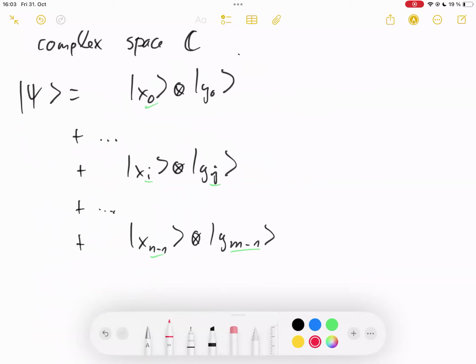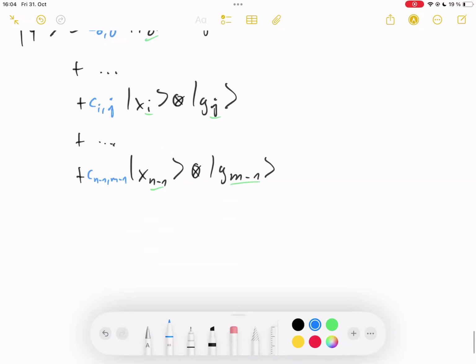So I need amplitudes, but this time I should not just call them C0, but rather C0,0 for both indexes, for i and j. So Ci,j, up to C n minus 1, m minus 1. So this would be a good way for the terminology.